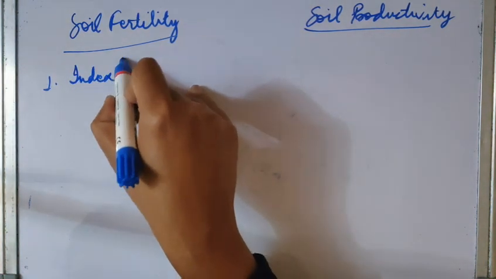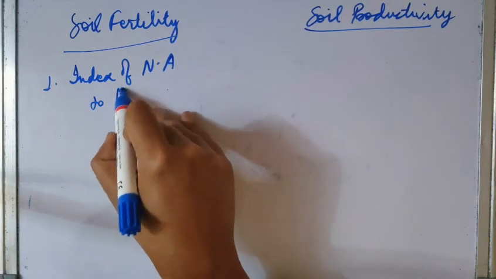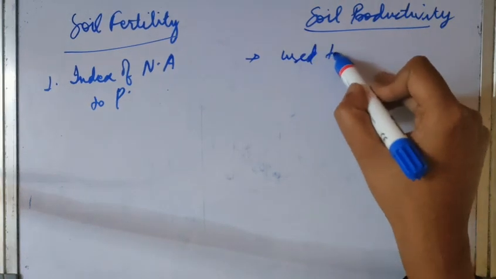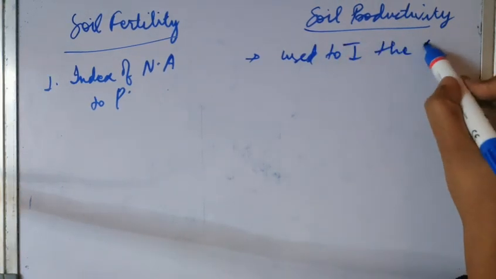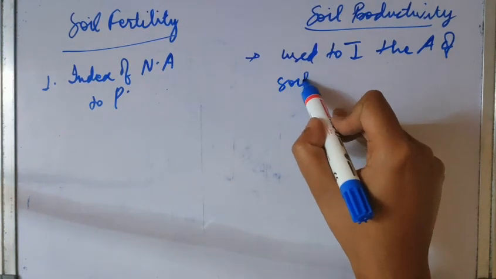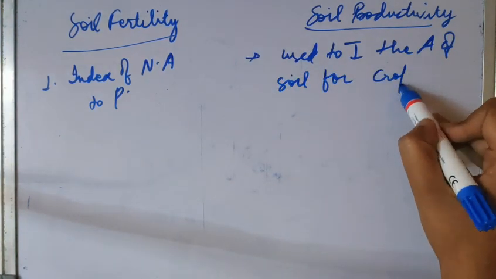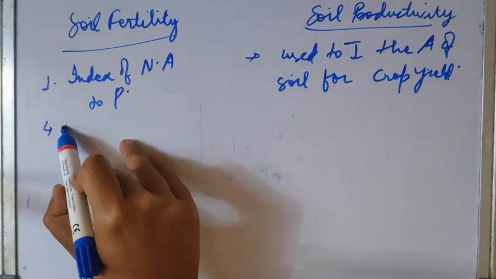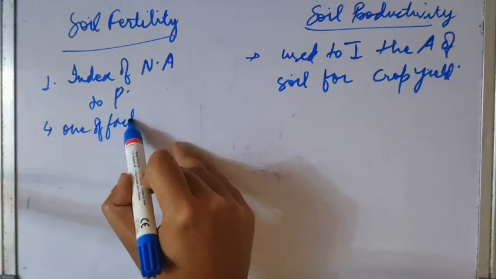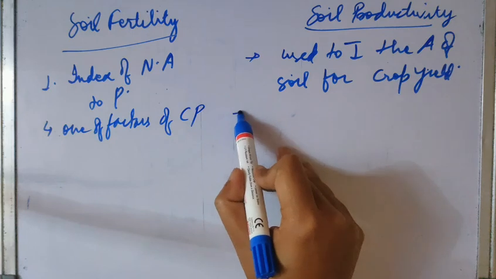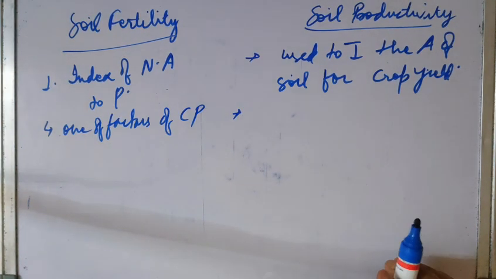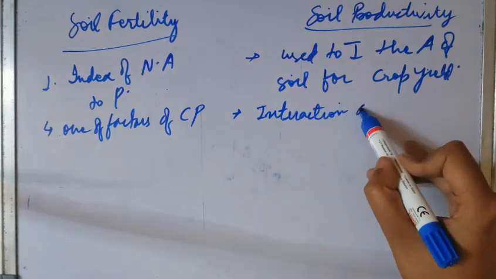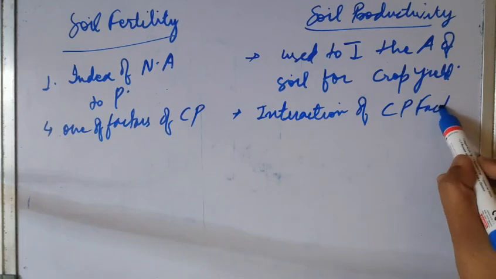Productivity is usually used to indicate the ability of soil for crop yield. Fertility is one of the factors of crop production. Productivity is the interaction of crop production factors.